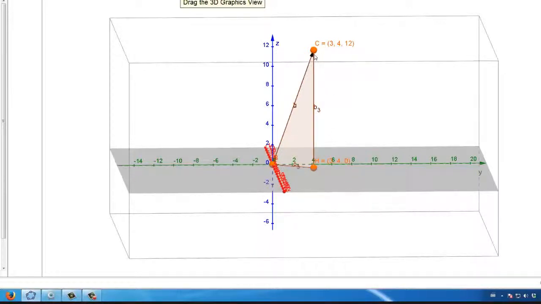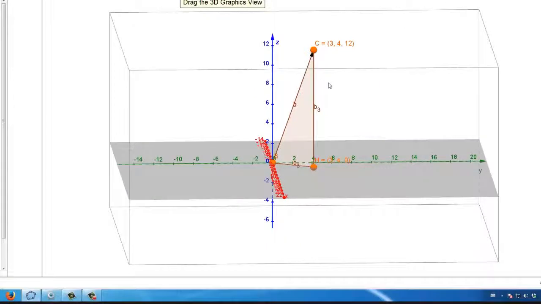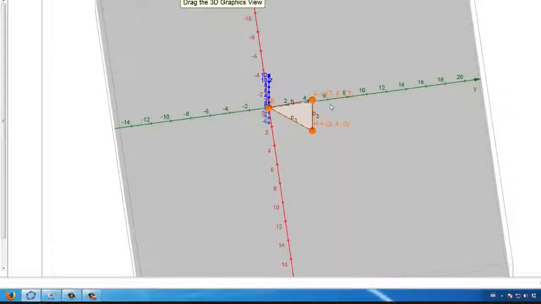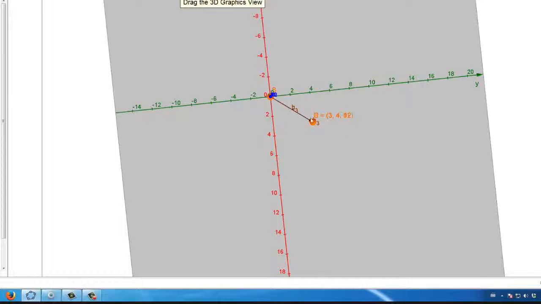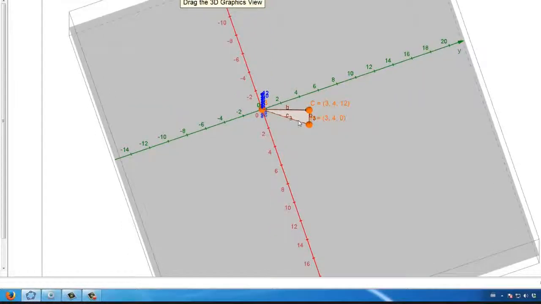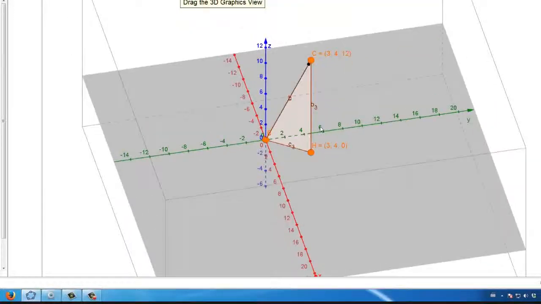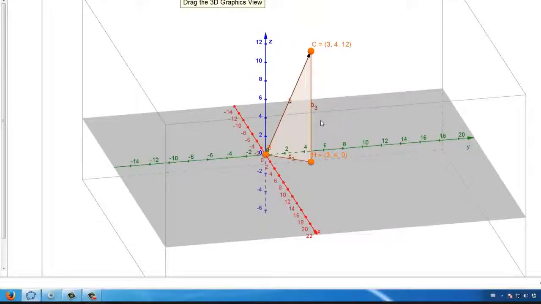In this case, it's labeled B3, because that is just the z coordinate. The not so tricky part, depending on your view, is finding the length of C3. And really, that's just another triangle problem where you're trying to find the hypotenuse of, in this case, the 3, 4, 5 triangle. So that's all you're doing. You're just doing the Pythagorean theorem twice.